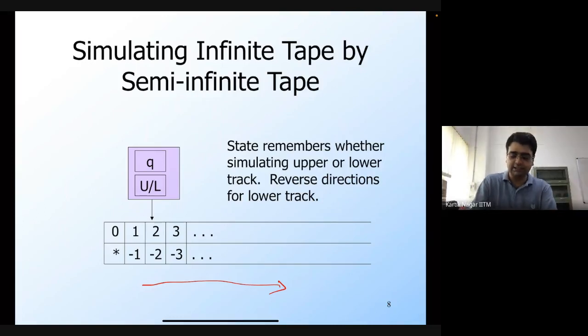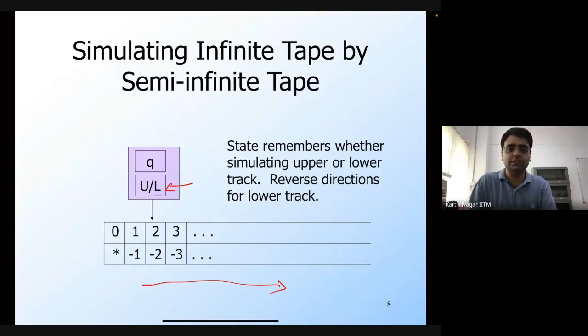And the state component remembers whether or not we are simulating the upper track or the lower track. So we introduce this new state component U or L, which is going to remember whether we are traversing the upper track or the lower track.